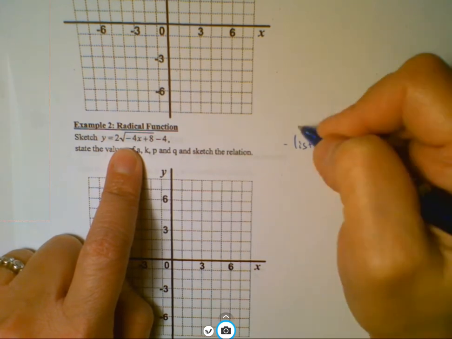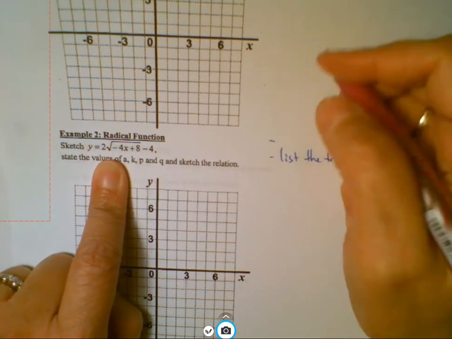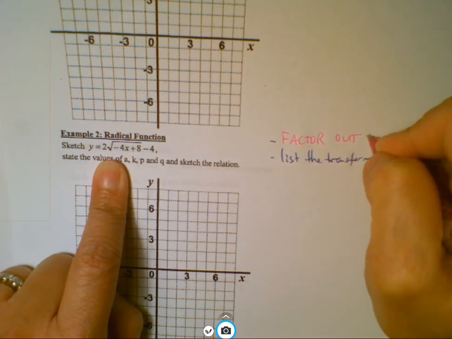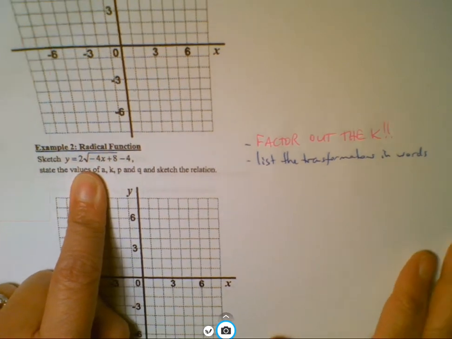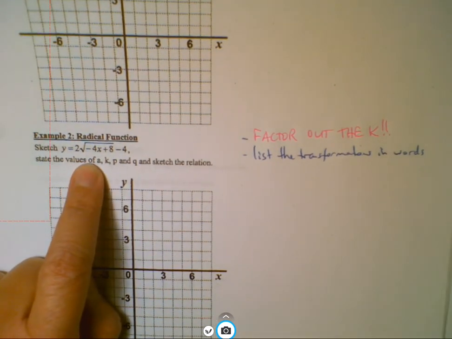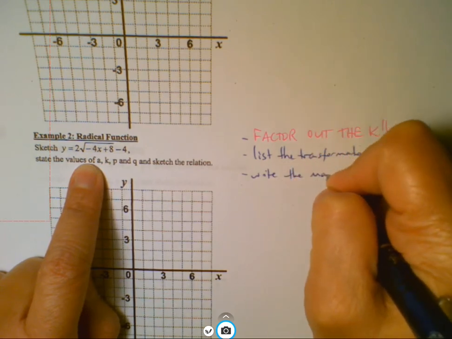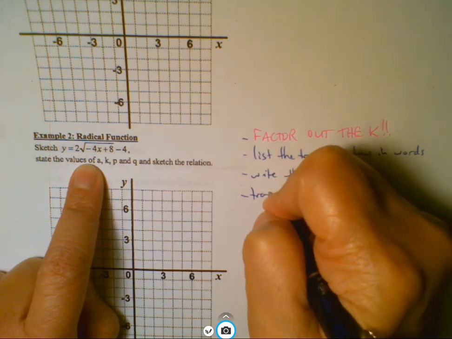I'll put a different color over here because it's easy to forget. Factor out the k. Okay, so you'll factor out the k, then you'll list the transformations in words, then you'll write the mapping rule, and you'll transform the points of the parent.